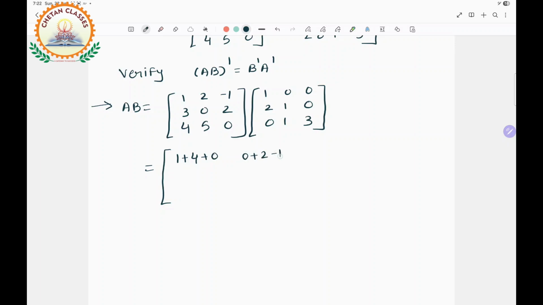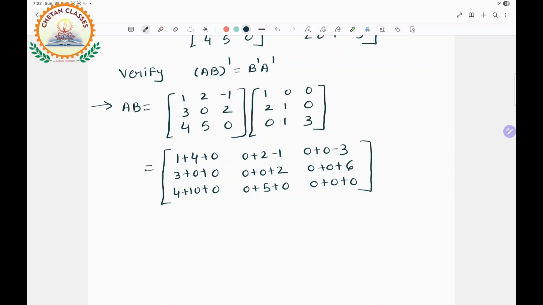Now 0 plus 2 minus 1, then 0 plus 0 minus 3, then 3 plus 0 plus 0, then 0 plus 0 plus 2, here 0 plus 0 plus 6, now 4 plus 10 plus 0, here 0 plus 5 plus 0, here 0 plus 0 plus 0 is equal to, here 5, 1, minus 3, 3, 2, 6, 14, 5, 0.